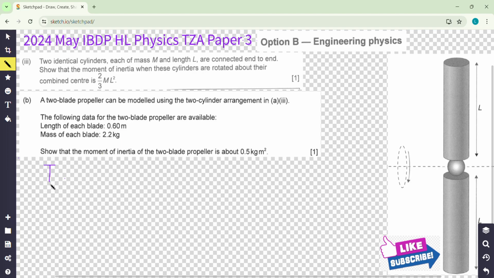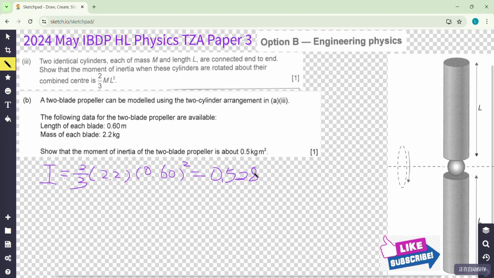So we just say I equals M L squared over 2 over 3, M is 2.2, and then 0.60 all squared. Remember the trick: they give you the answer, so you need to calculate more accurately. So 0.528.